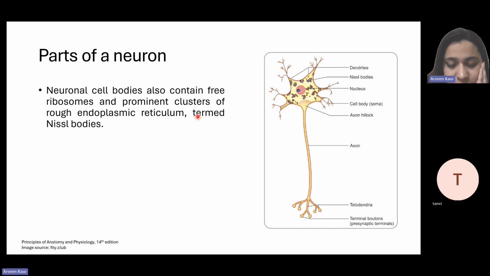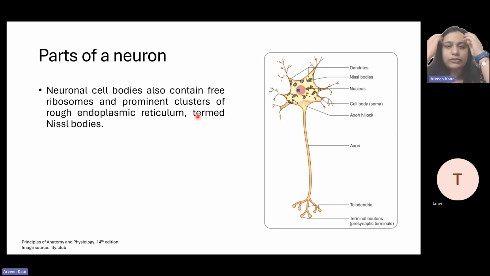Now, why this is being told at all over here is because when we look for neurons in a postmortem brain sample, or in a mouse brain that you are staining, or in an ex vivo animal model brain staining, or even in autopsy brain tissue processing.